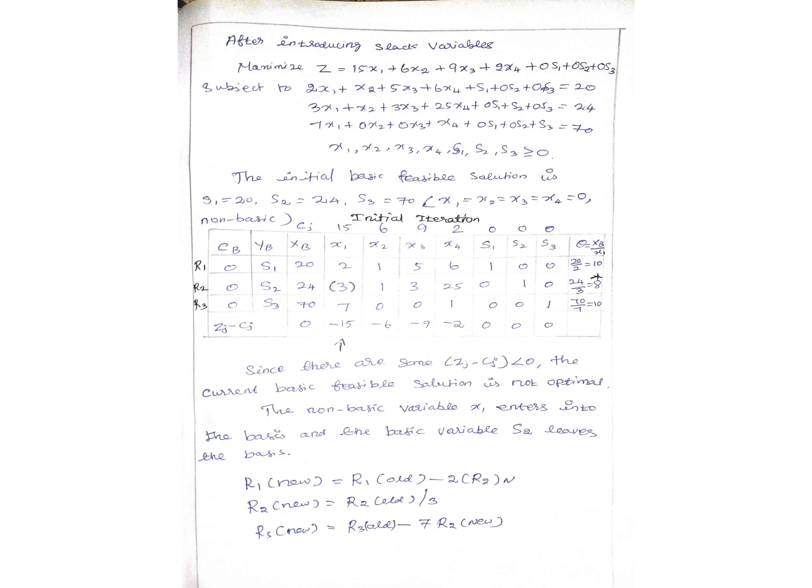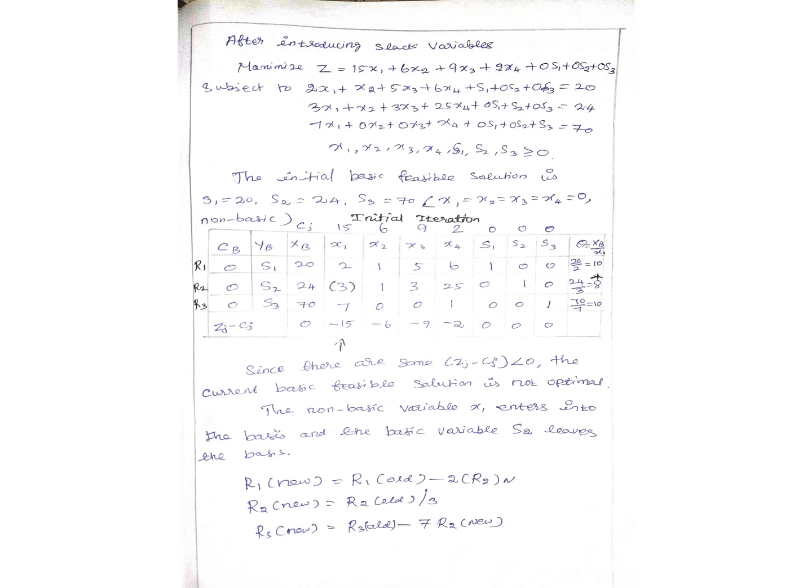And Cj value is 2, the variable is x4. And Cj value is 0, the variable is s1. And Cj value is 0, the variable is s2. And Cj value is 0, the variable is s3.